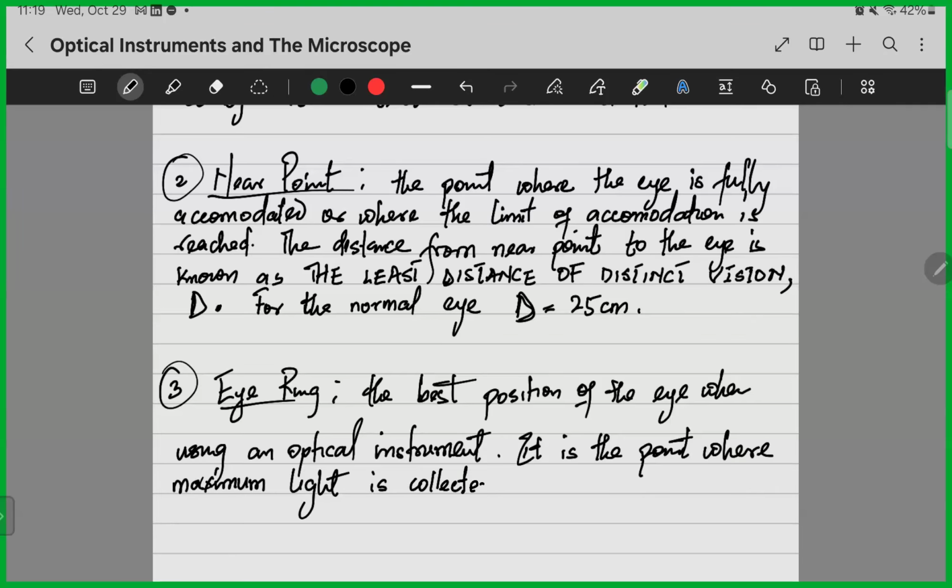Yes. We can talk about, first of all, the simple microscope.